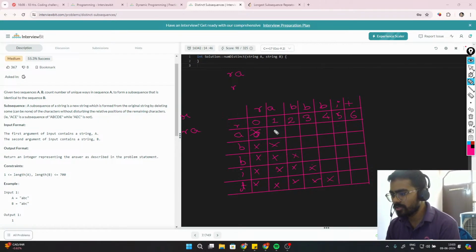Now AA matched, they are same, so whatever we had earlier will carry forward that. We need to remove nothing. Now AB they did not match. That means what?